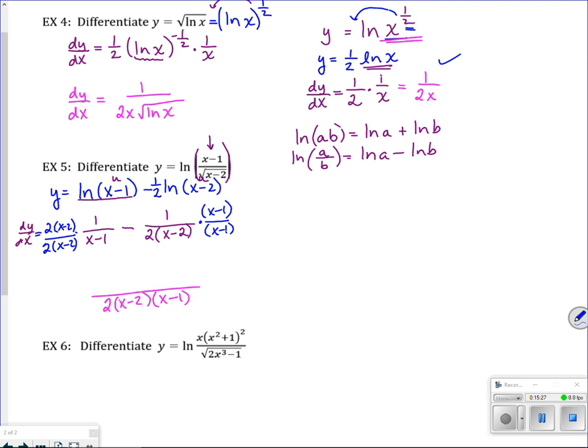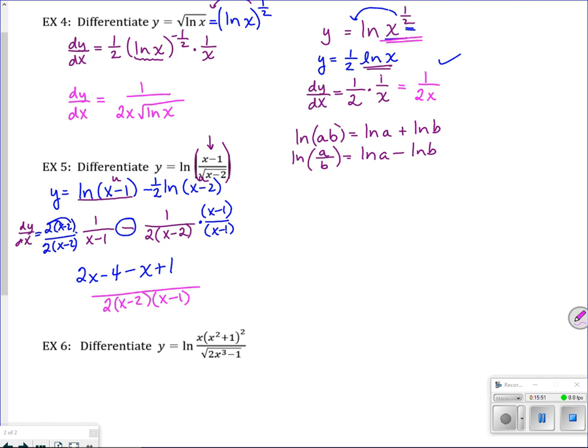So once I have that common denominator, think about what I have. I would have 2x minus 4, because I'm distributing this. Be careful, very easy to miss a sign right here. I have a minus x minus 1, so that's minus x plus 1. So what does that leave me?